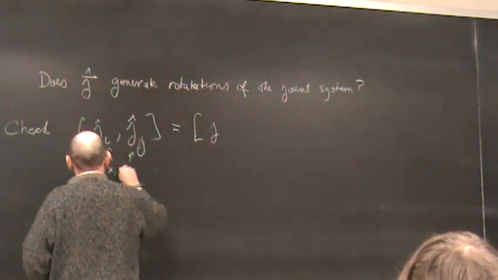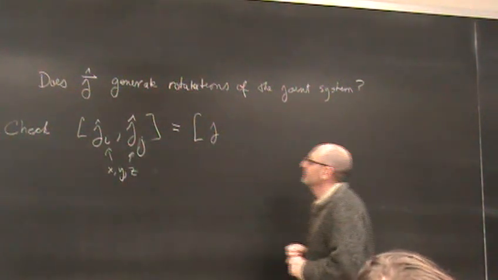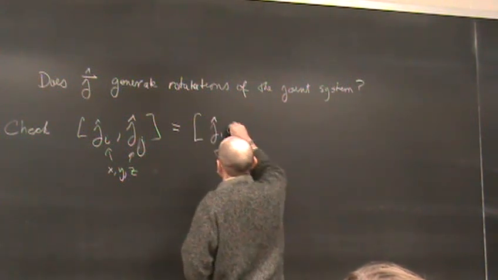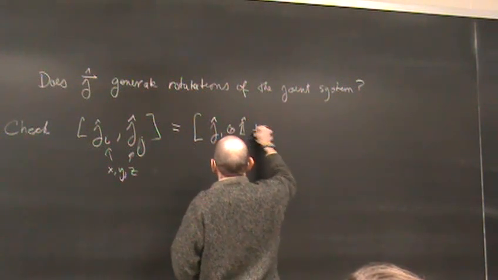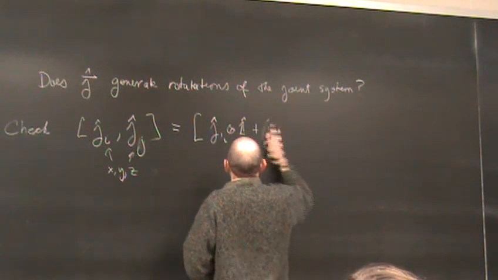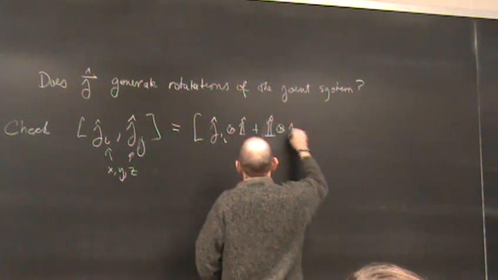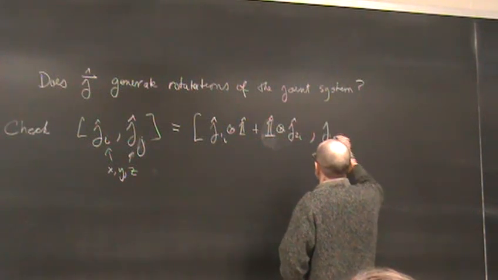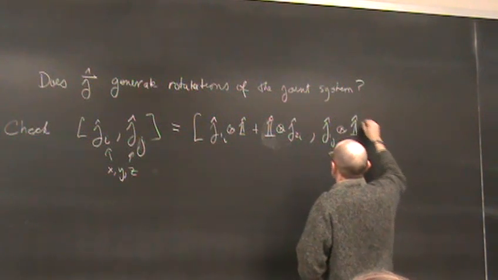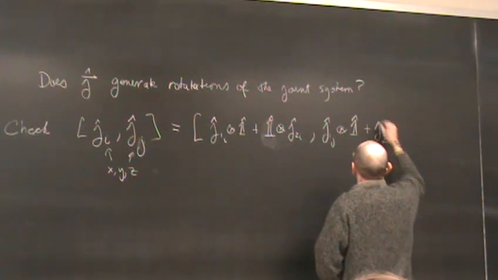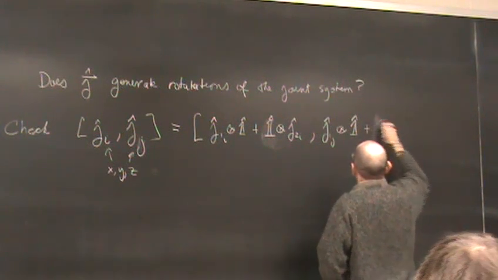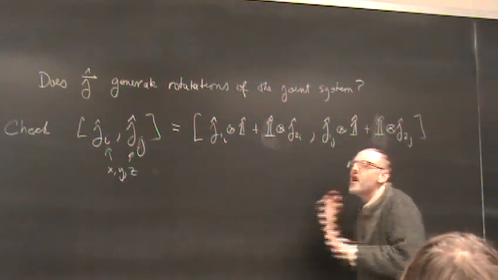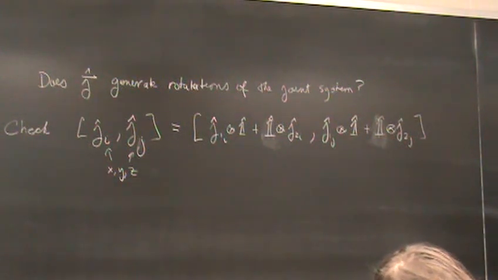So this is X, Y, or Z. So this is J1 sub I, tensor the identity, plus the identity tensor J2 sub I, commuted with J1 sub J, tensor the identity, plus the identity tensor J2 sub J. This is writing things out extremely pedantically when we rarely do this, but I'm just emphasizing some facts.